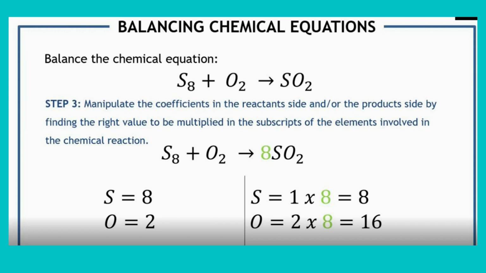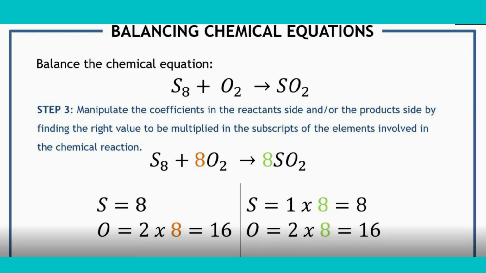On the other side, in the reactant side, you can see that the oxygen has 2 atoms. So let's manipulate this as well. So we are going to multiply oxygen with 8, by placing that 8 in the coefficient of oxygen in the reactant side. So this time oxygen has 16 atoms, balanced with the oxygen in the product side.